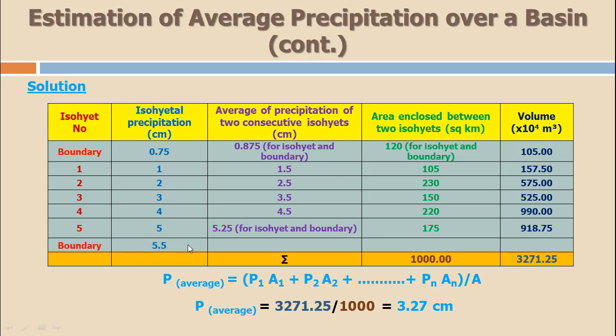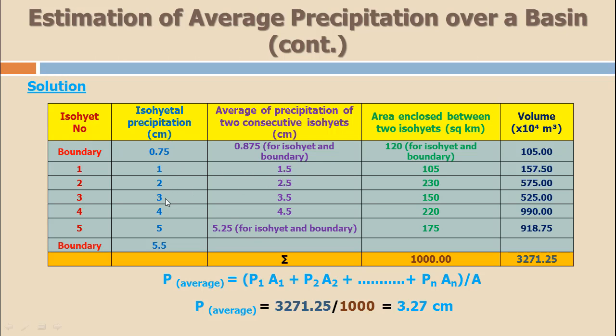So first we will calculate average of every two consecutive isohyetes. So average of the first boundary and the 1, I mean 0.75 plus 1 divided by 2, so the average will become 0.875. Similarly, average of 1 and 2, 1 plus 2 is 3, 3 divided by 2 is 1.5.